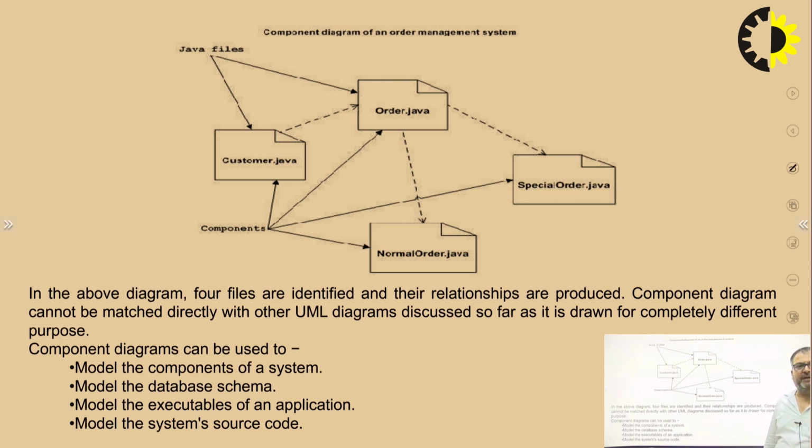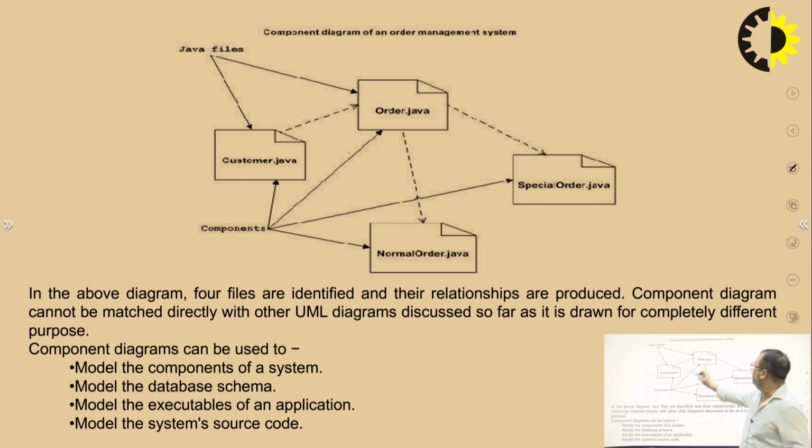So, here we have taken an example of an order management system, and for that we are going to represent all the classes, order, and several diagrams for this particular example. In particular, here we have four components, like the customer file, customer page. We have made it in Java, so we require a customer.java. Then one is order, then special order and normal order.